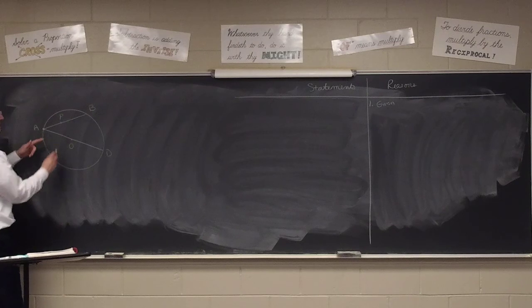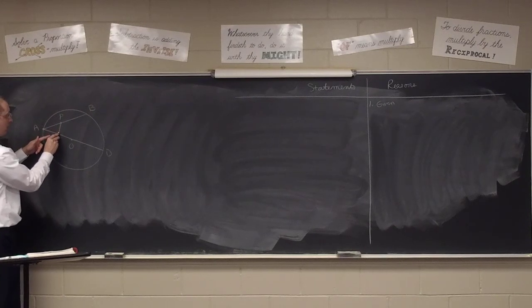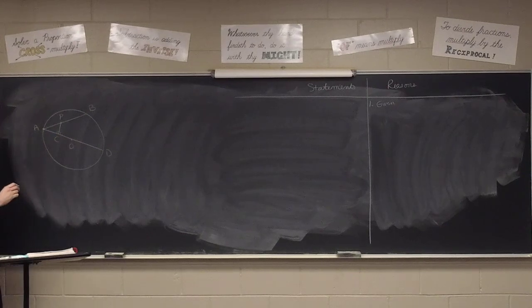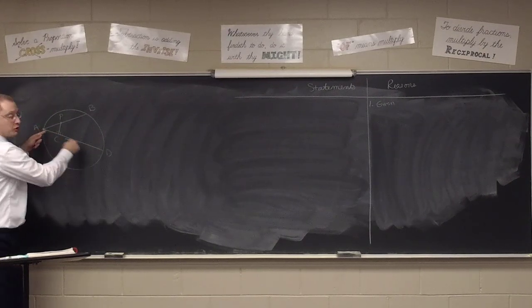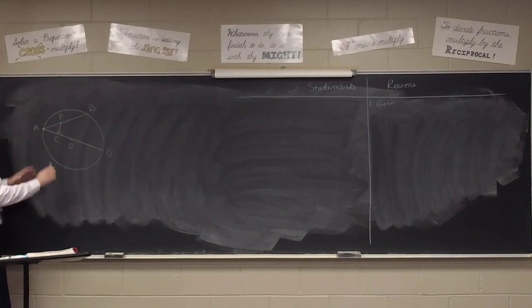It says that PC is perpendicular to AD. So draw a little perpendicular to your diameter. So you've got chord AB, where P is any point in the chord, and then PC is perpendicular to diameter AD. That's our picture. Does that make sense?